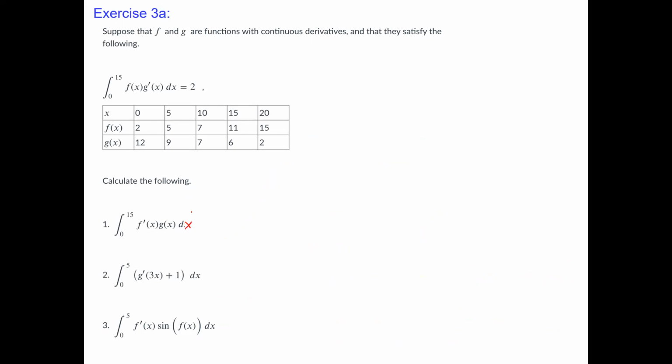I will add the written solution. Please test yourself. I will be so happy and proud of my students if you can get these answers. Okay, A, B, and C. Now let's just solve the other. One question with the table values is enough.